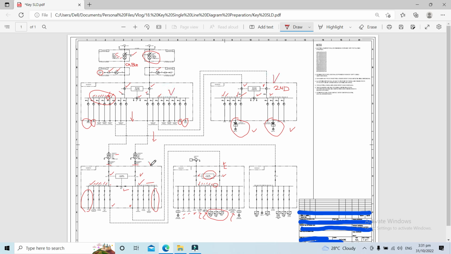Meaning, in the detailed single line diagram, we will be providing the control and metering information on that particular drawing. So we will be providing the information regarding what relays are required for each feeder, and what metering is required for each system or each feeder.